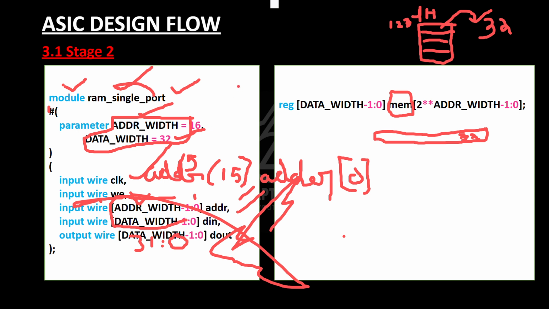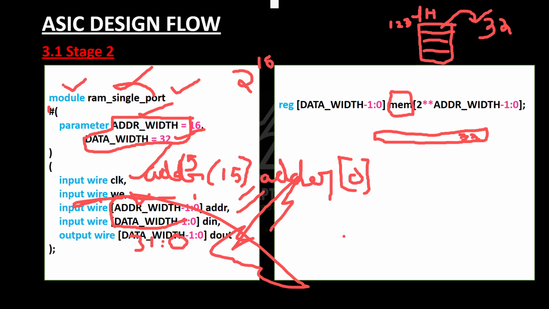We have a formula for that. For how many locations should be there in RAM, the formula is 2 power of address width. Here the address width is 16, right? So the number of locations will be 2 power 16.